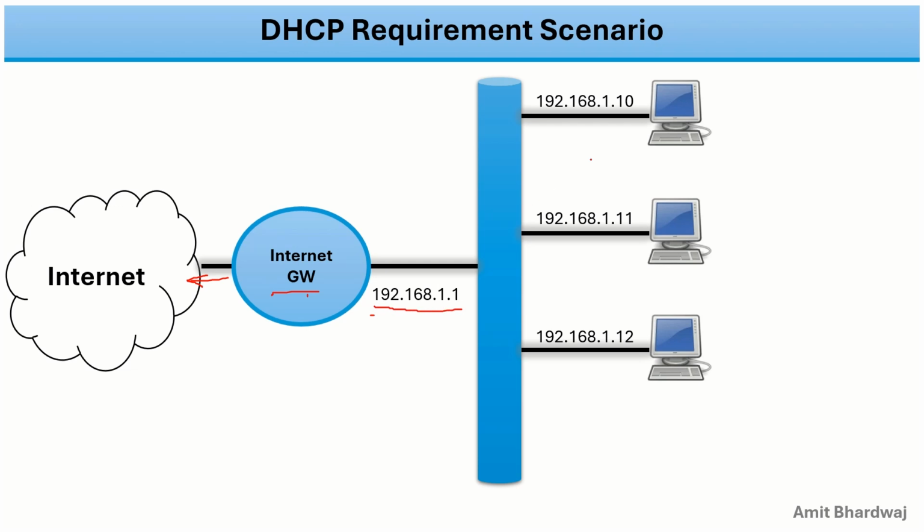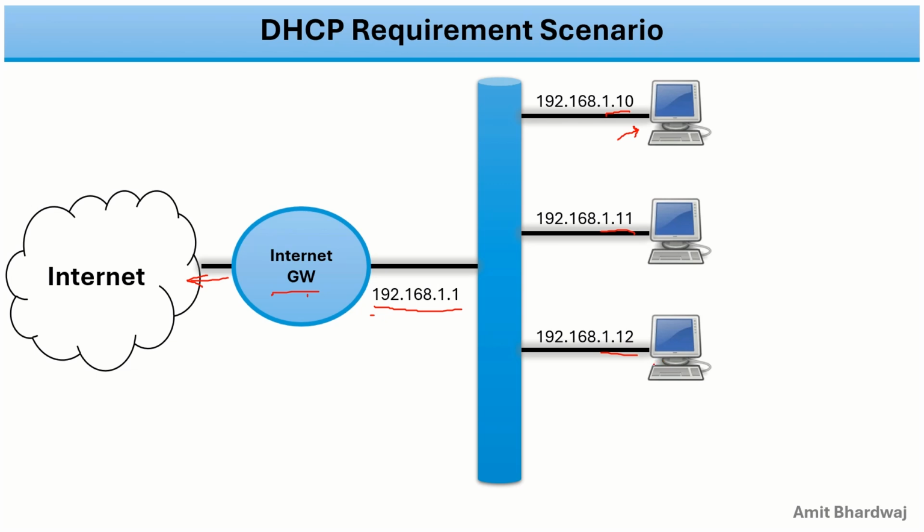Now, the network admin makes sure that IPs are accurately given to the end systems. He started assigning the IPs from 192.168.1.10 onwards. So the first client system was given 1.10, the second one was given 1.11 and then 1.12. Till that time it was okay.